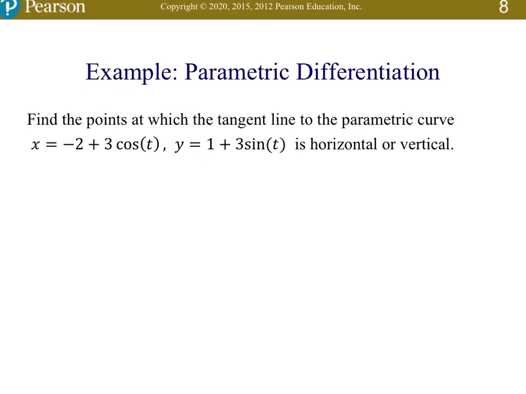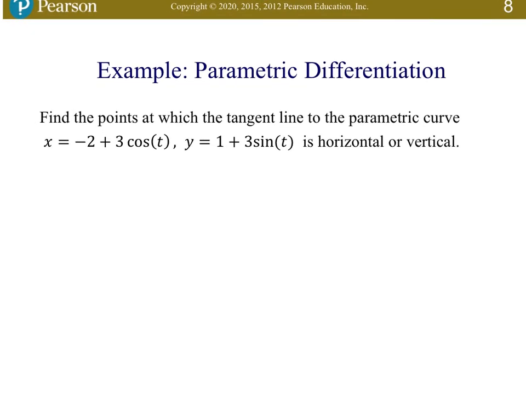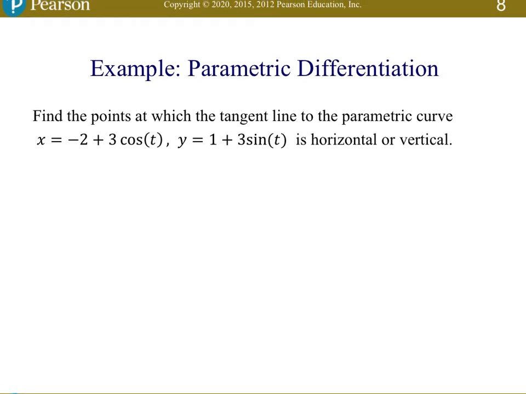All right, find the points where the tangent line to the parametric curve might be horizontal or it might be vertical. So first we want to find our slope. So our slope, dy over dt over dx over dt. So the derivative of y with respect to t would be 3 cos t.